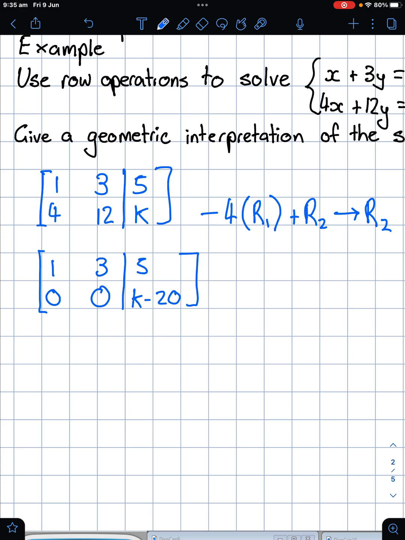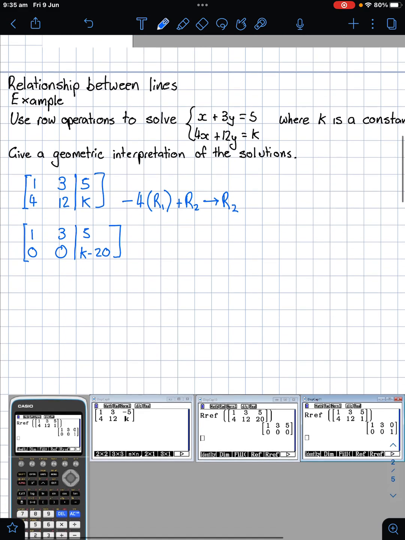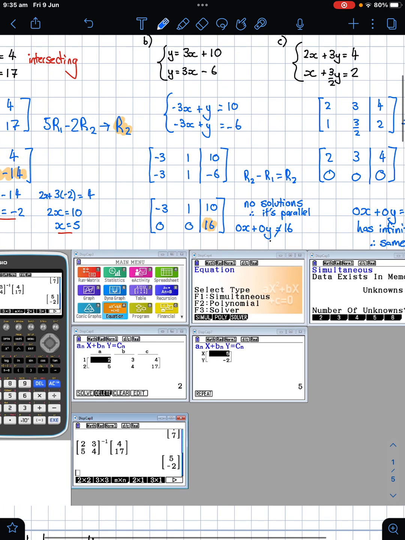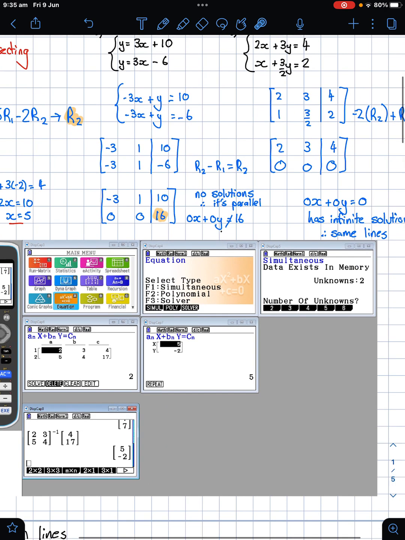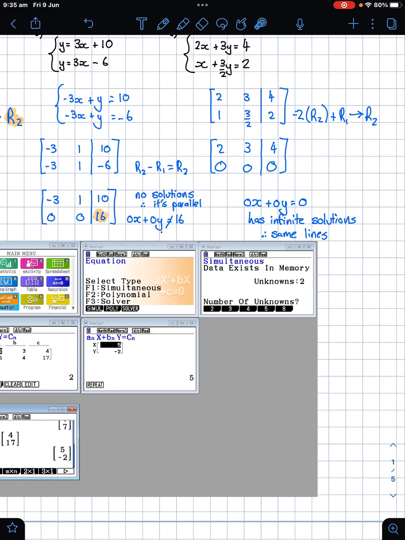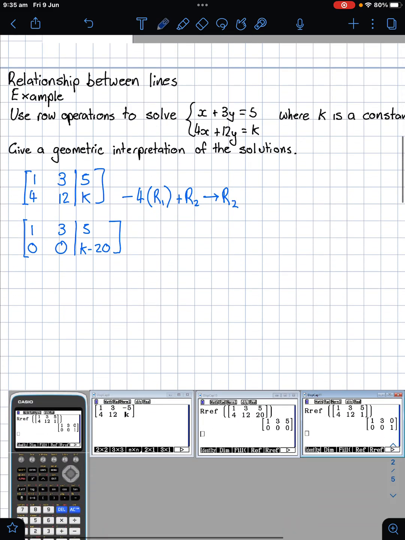Now, it talks about the geometric interpretations of these. From above, we should see, if we have a number here, it means we've got parallel lines, no solution. If we've got a 0 here, it means we've got infinite solutions. So, if k equals 20, we've got infinite solutions because you end up with an equation that is 0x plus 0y equals 0.